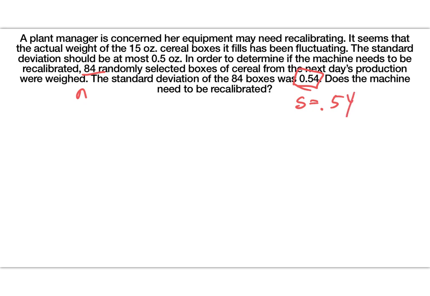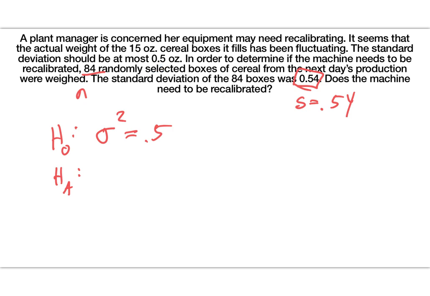So we're testing to see, is the variance equal to 0.5? It says the standard deviation can be at most 0.5.